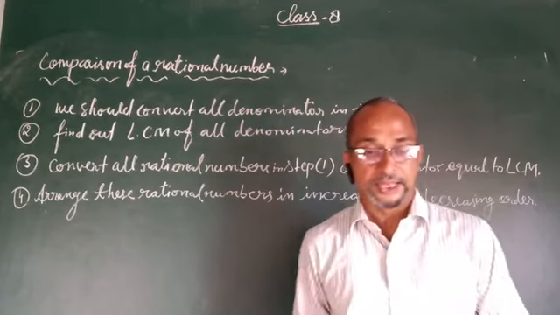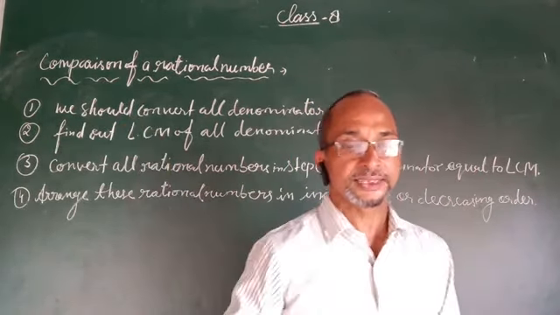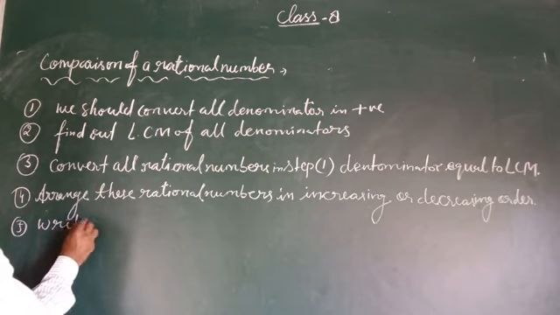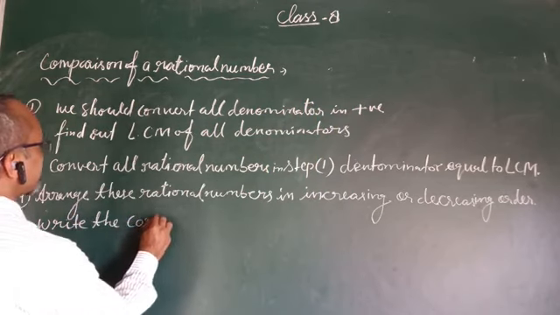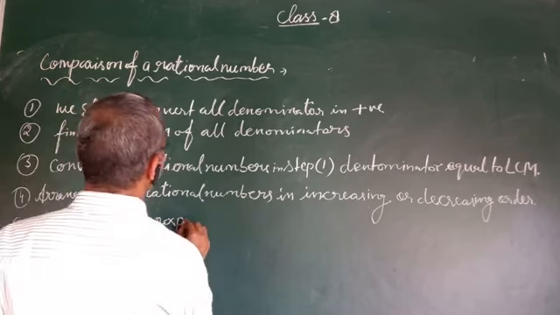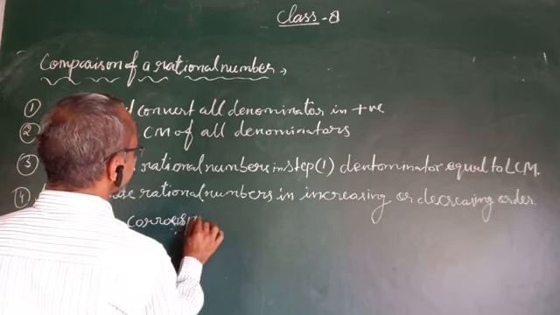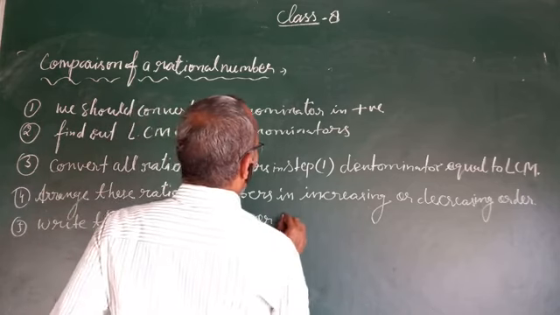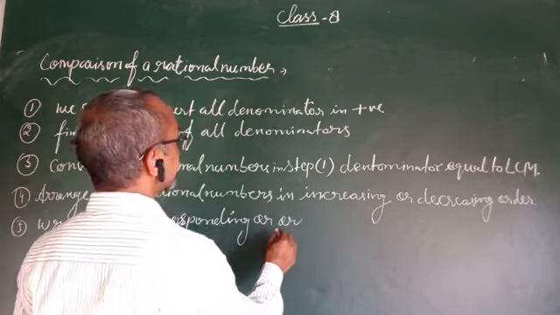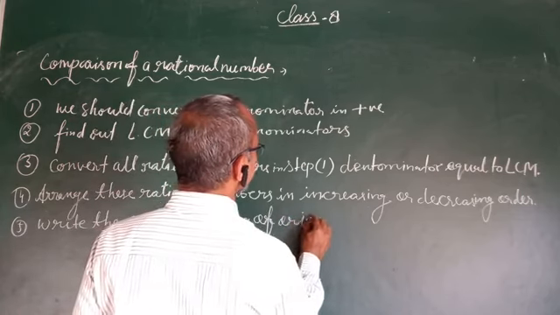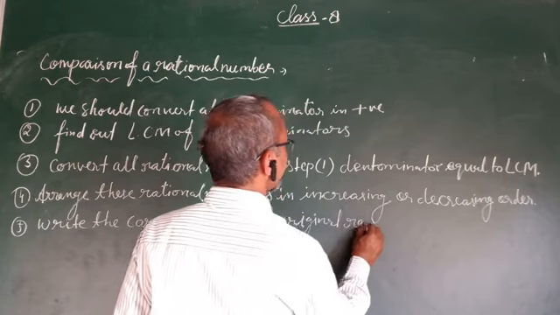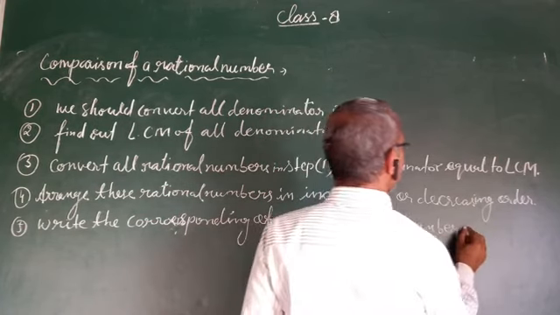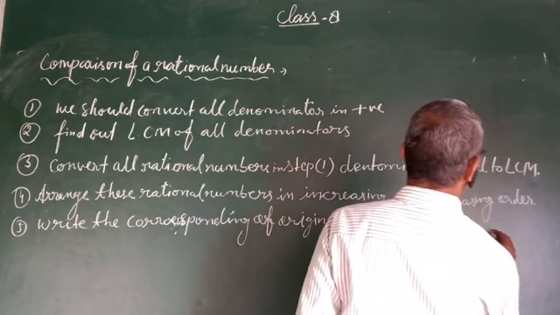And the last step, fifth step: write the corresponding original rational numbers in increasing or decreasing order.